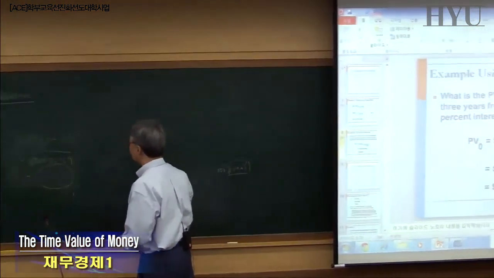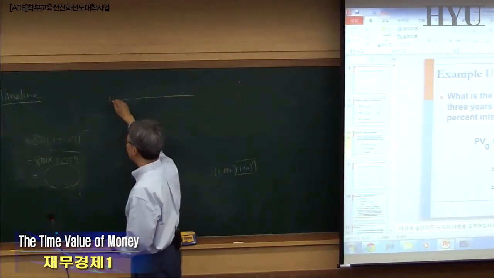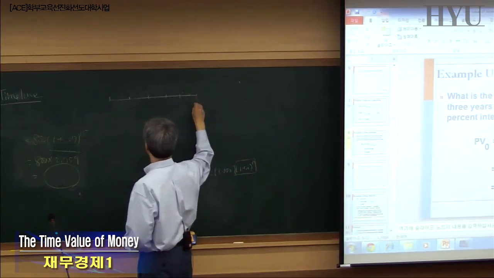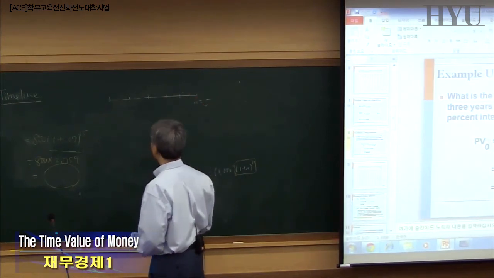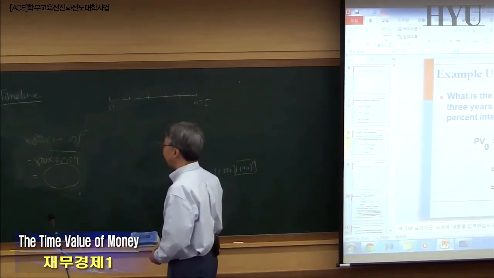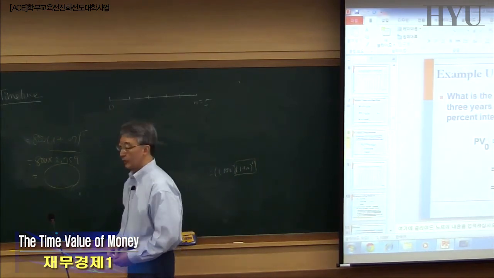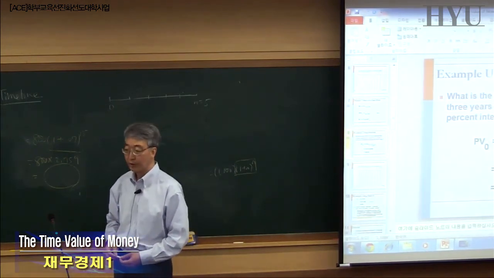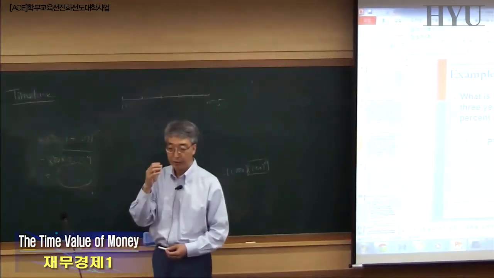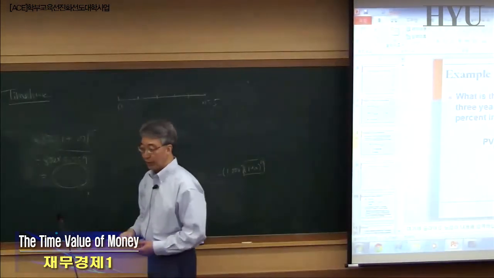So we use a line, and we illustrate number of periods. Let's say n is 5, 0, starting from today. Okay? And we draw a cash outflow. Let's say you are investing today. You're putting some money in your bank account or somewhere in your stock market account. That's a cash outflow.